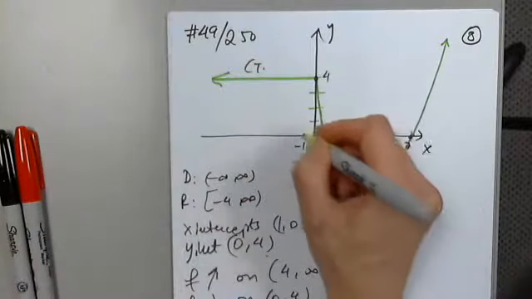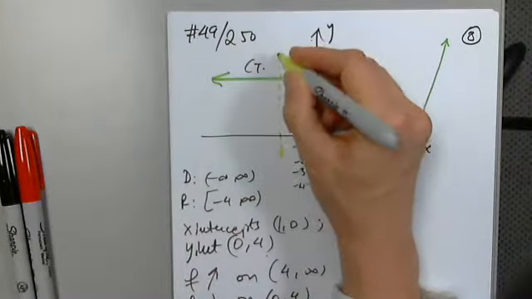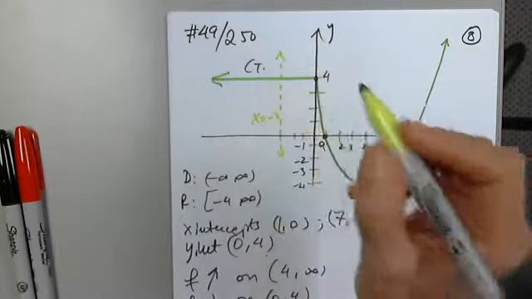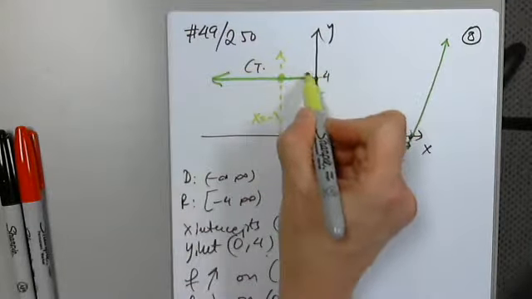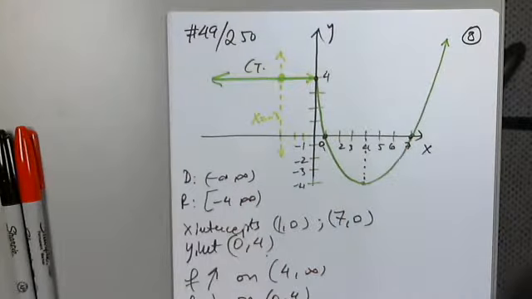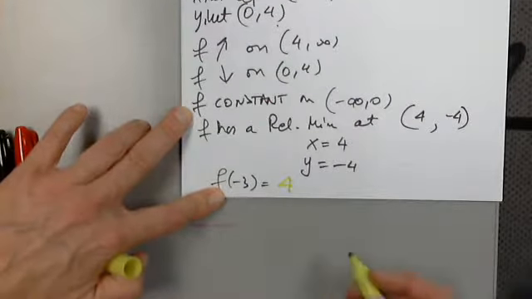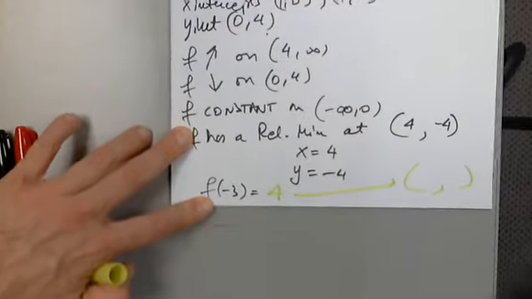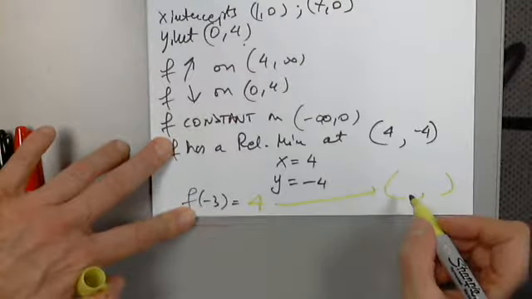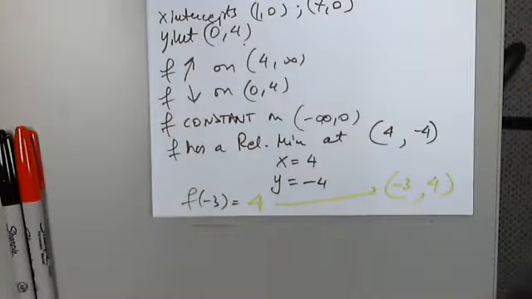X, which means I will have to draw a vertical line. x equals -3. It crosses the graph of the function, and I have to read the corresponding y value. 4. f of -3 is 4. And then you will give me the ordered pair that we read from. (-3, 4). Very good.